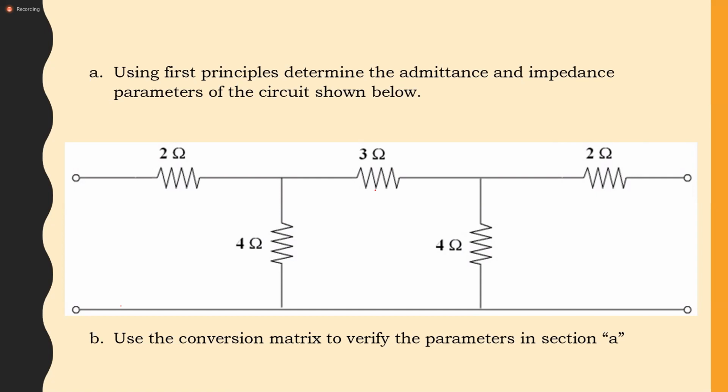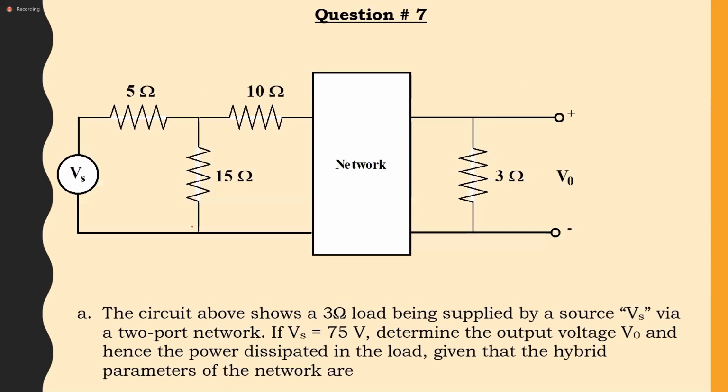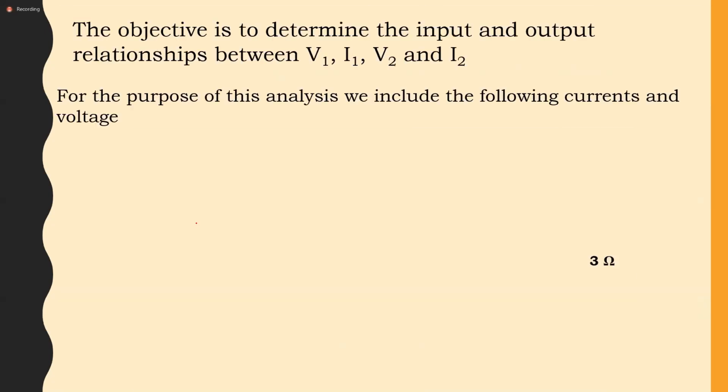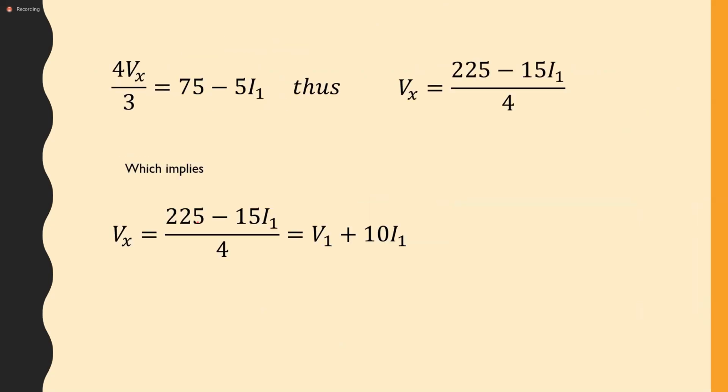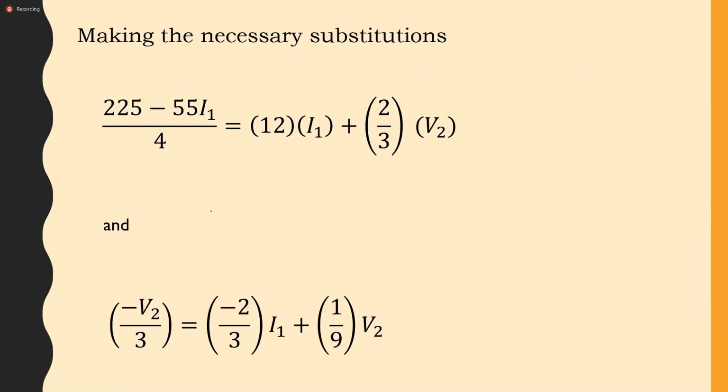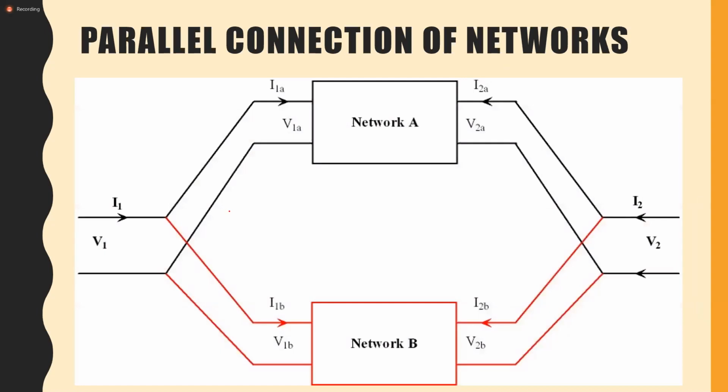Okay. So what we're going to be doing today, we're going to take it a little step further. And what you would have recognized by now, and we introduced it briefly in the last class, we said that the hybrid parameters, you have used them in the h-parameter model for your transistor.